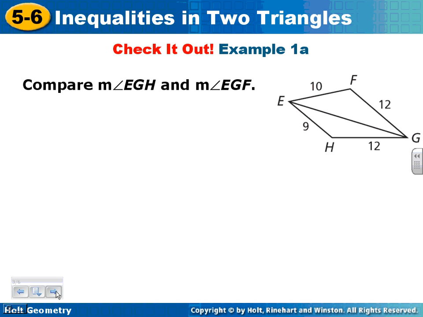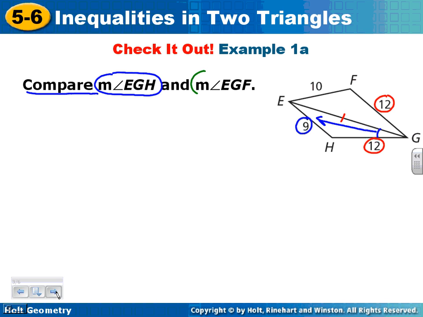Compare, well, first of all, let's make sure we got some things equal. I see a 12 and a 12, so I got those congruent, and I have a shared side in the middle, so I'm good to go. I have those two sides. That allows me to continue. I have to compare the measure of angle EGH. Let's go find that. EGH, it's this one right here. Opposite side looks like it's this 9.